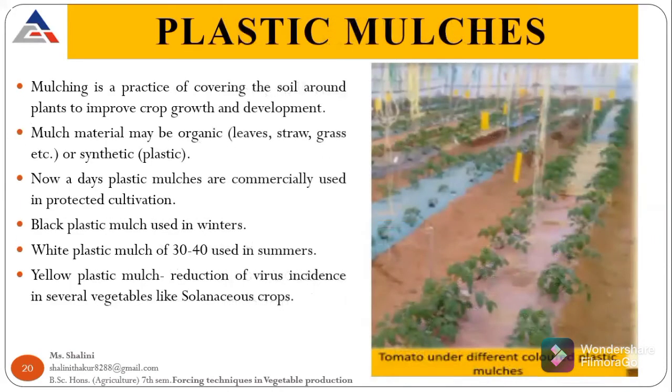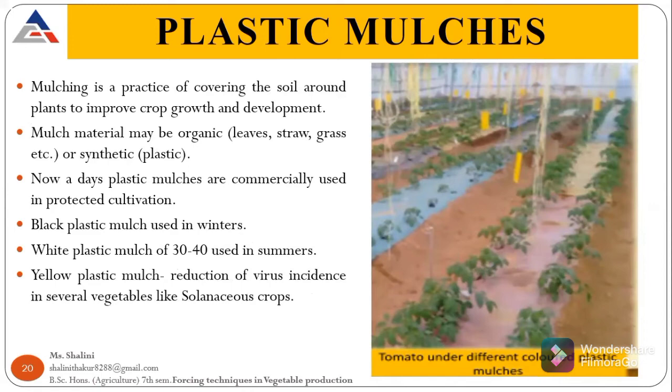Another kind of polyhouse is one in which we are using plastic mulch. Mulch is any kind of organic or inorganic material which we place on our crop plants for improving soil temperature, controlling weeds, and controlling evaporation.